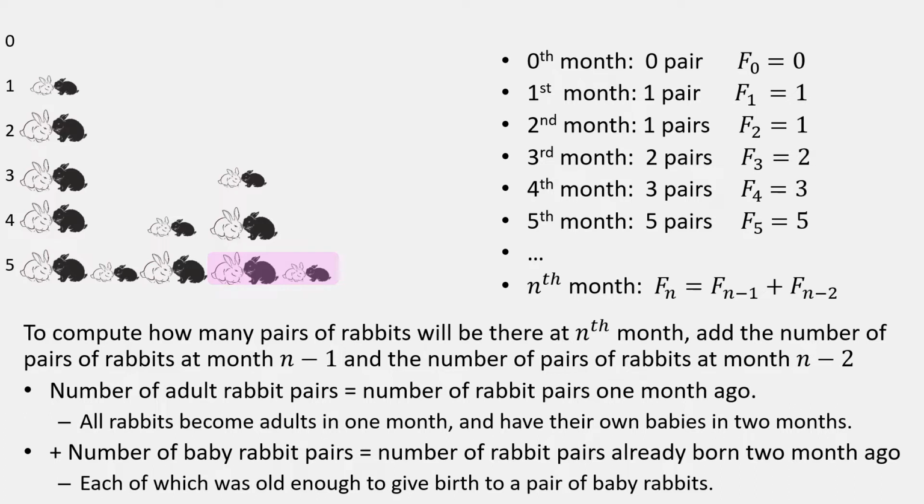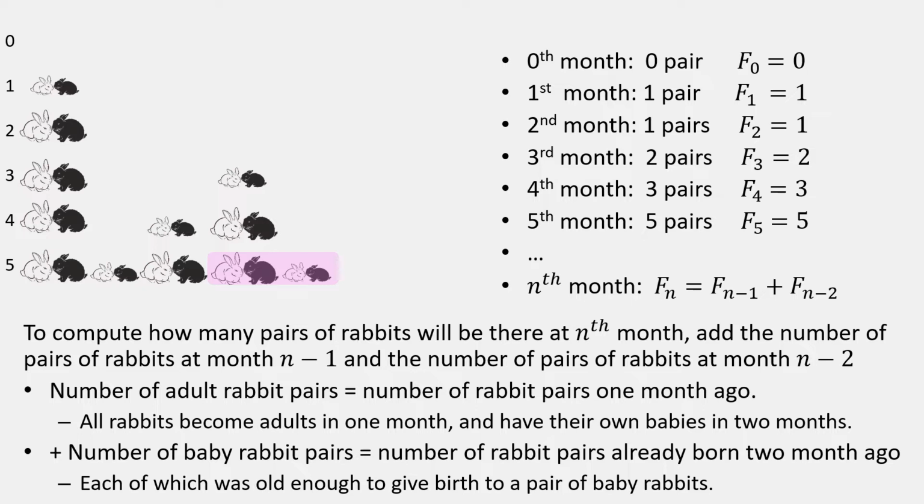Well, if you look at rabbits as babies and adults, all the rabbits that were already born 2 months ago would give us a pair of baby rabbits. So the number of baby rabbits is the number of pairs alive 2 months ago. And in addition, everybody alive a month ago became either already an adult or became an adult.